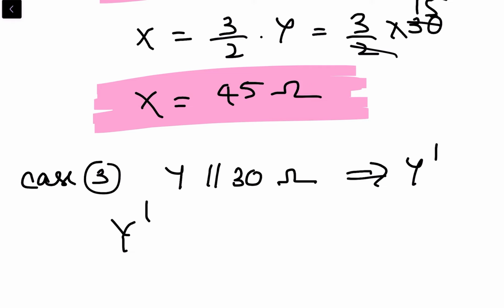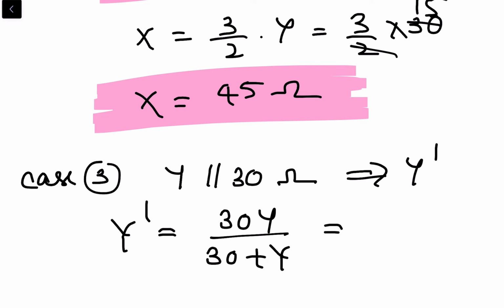So y dash is equal to R1 R2 by R1 plus R2, that is 30 into 30 by 30 plus 30.